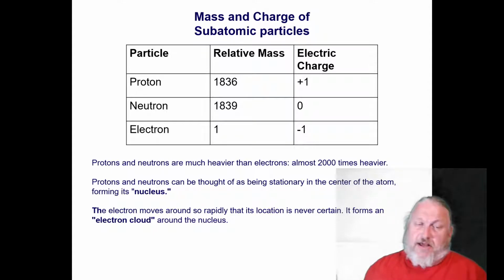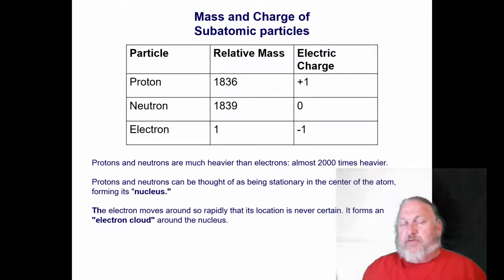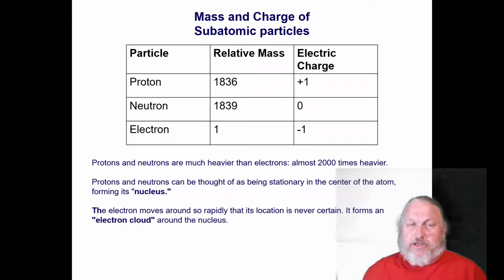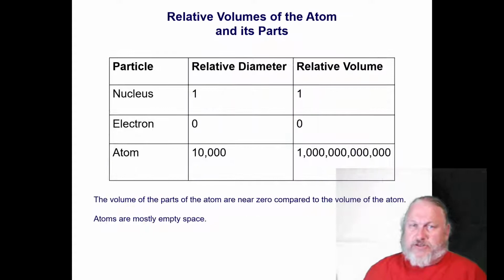So these electrons, they move around so rapidly that we can never know their location, right? We're never certain about it. Now we call that an electron cloud. So this electron cloud is around the nucleus. We know that a proton has a positive one charge, and the electron has a negative one charge. And the neutron, of course, does not have any charge.